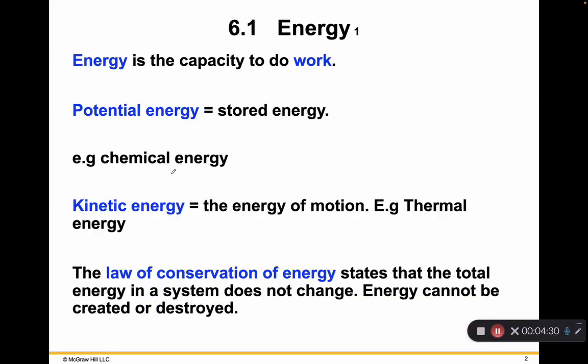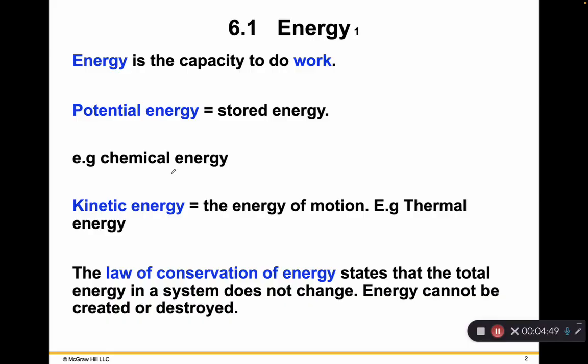So you can see that for potential and kinetic energy, we have the law of conservation of energy to govern these processes. The law of conservation of energy states that the total energy in a system does not change.